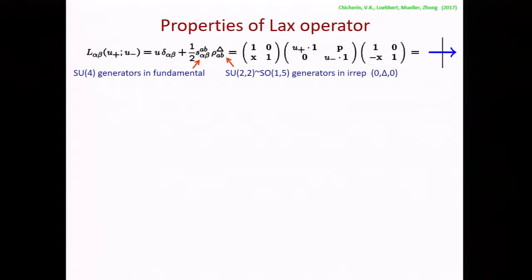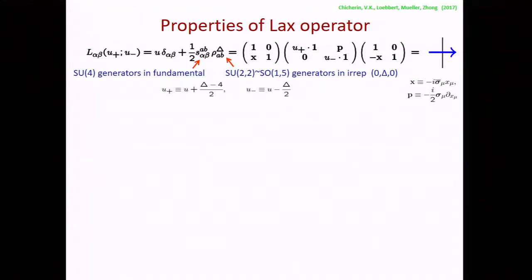in 4 dimensions. And as it was noticed in the paper of Chicherin, Derkachov, and Isaev, these Lax operators can be nicely factorized into 3 simple factors. Here the definitions are as follows. U plus and U minus are linear combinations of U and the conformal dimension delta of the representation.